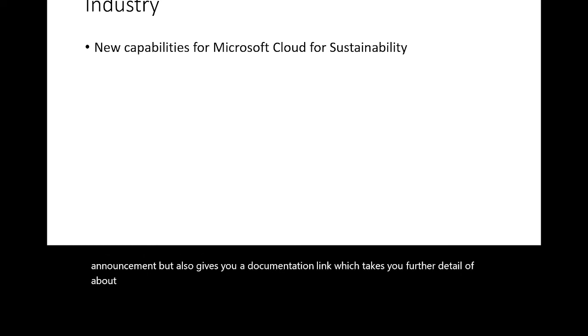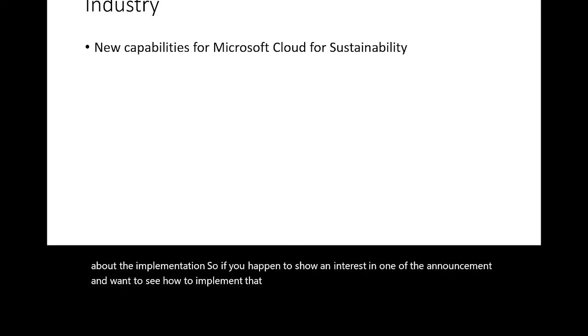But if you are interested in those areas of technology, I would highly encourage you to go through the Book of News. It doesn't only talk about the announcements, but also gives you a documentation link, which takes you to further detail about the implementation. So if you show an interest in one of the announcements and want to see how to implement that in your current scenario, that will guide you to that link as well.